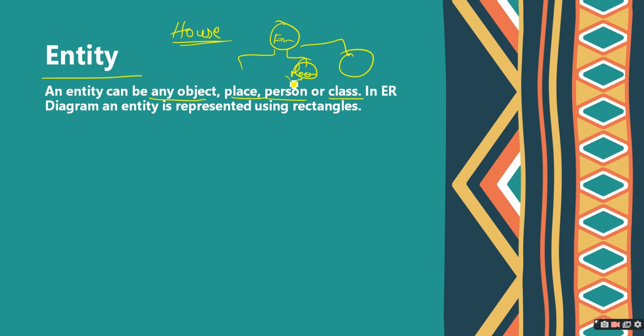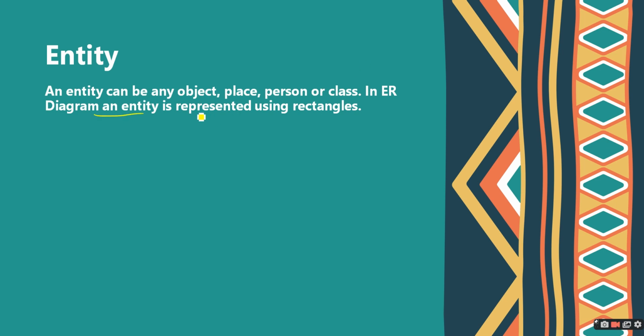And let's say a room has different doors, so door will be again one more entity, right? So whenever we create any database, there can be many entities associated with it. In an ER diagram, an entity is represented by using rectangles. We have already learned this one, right? Using our rectangle symbol, we are going to denote this entity.